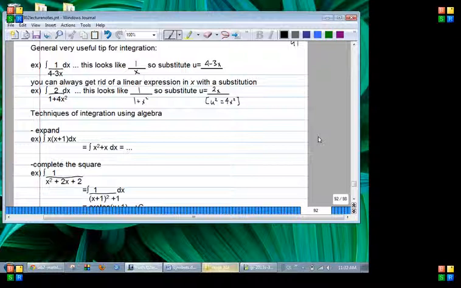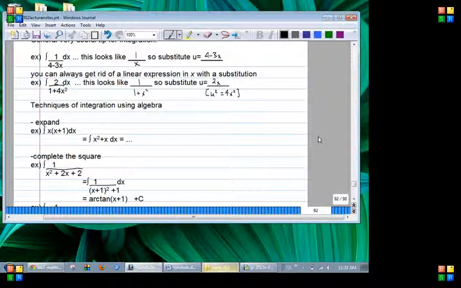And then once you do that, you have x squared plus 2x plus 1, and then a plus 1, which then becomes x plus 1 squared plus 1. And then what's this going to be? This is just going to be arctan of x plus 1. du equals dx if you do the u sub, so there's no constant to worry about.